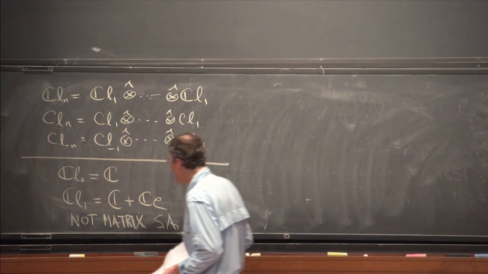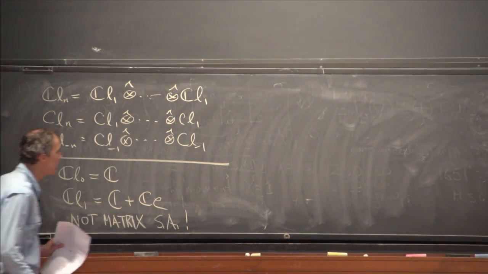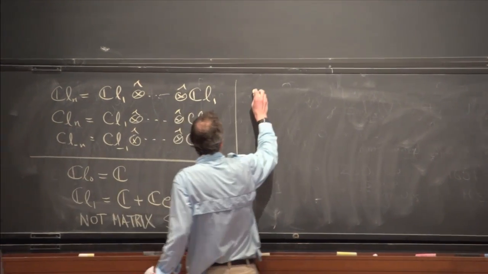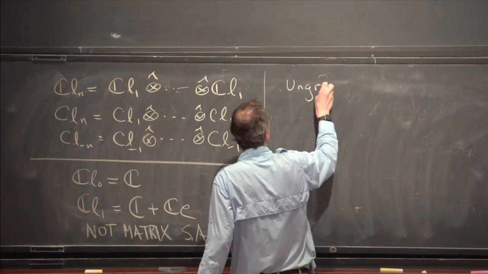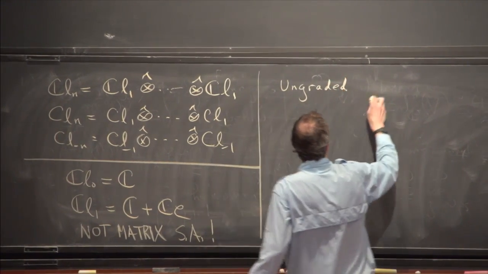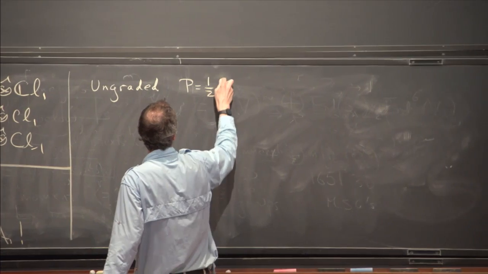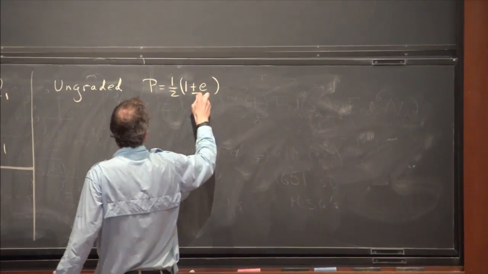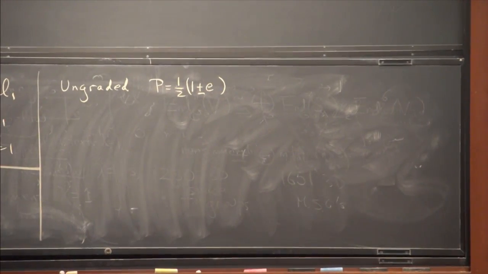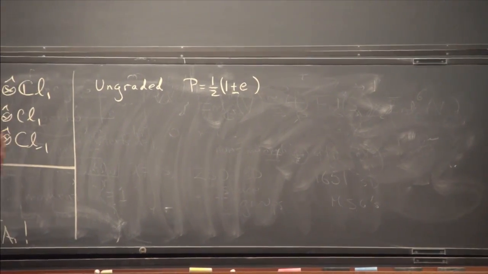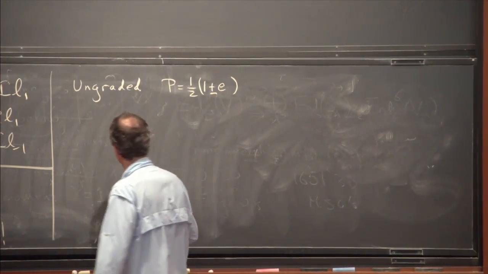Now, this is as far as you can go if you think of it as a graded algebra. As an ungraded algebra, you can introduce the inhomogeneous element P, which is 1 plus and minus E. Okay? And that's a projection operator because E squares to 1.